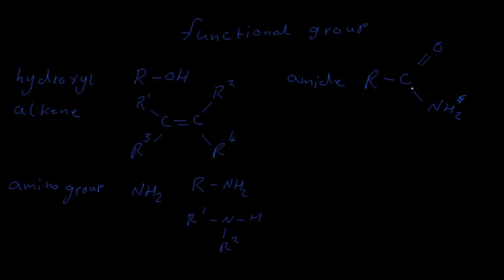Okay, and that's an amide group. Now, the other important group is a carboxylic acid group, which is like an amide group, but rather than the NH2, we have an OH group. So we've got R for the rest of the molecule, to a carbon, double bond to an oxygen, and then we've got OH down there.